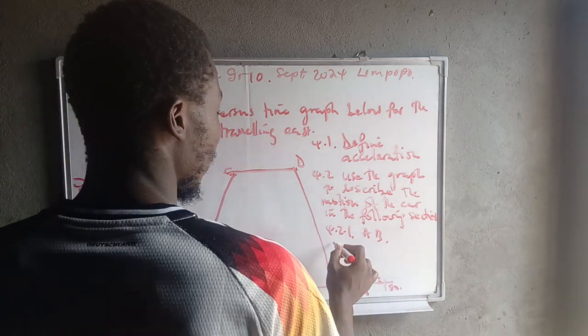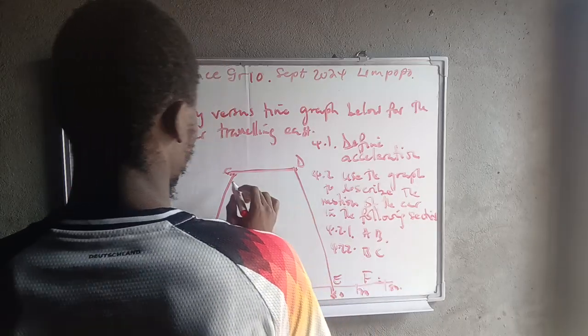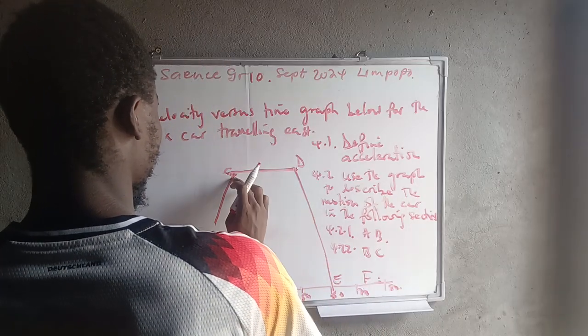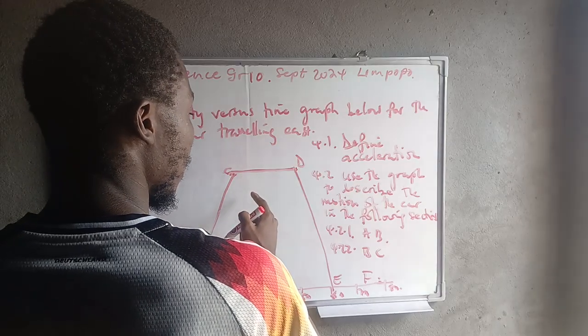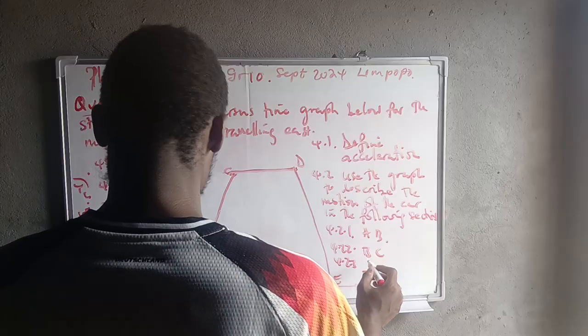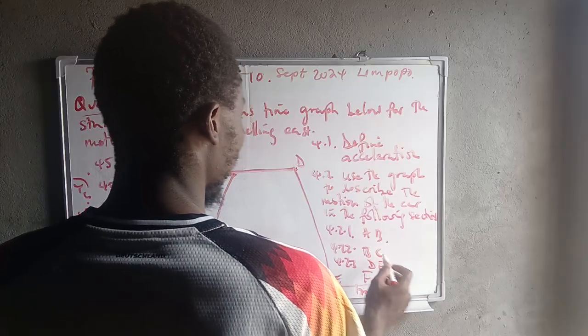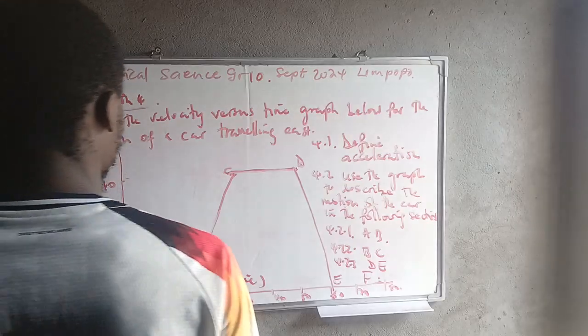Then 4.22, BC, we want to describe the velocity BC. Then 4.23, DE, we want to explain what is happening there.